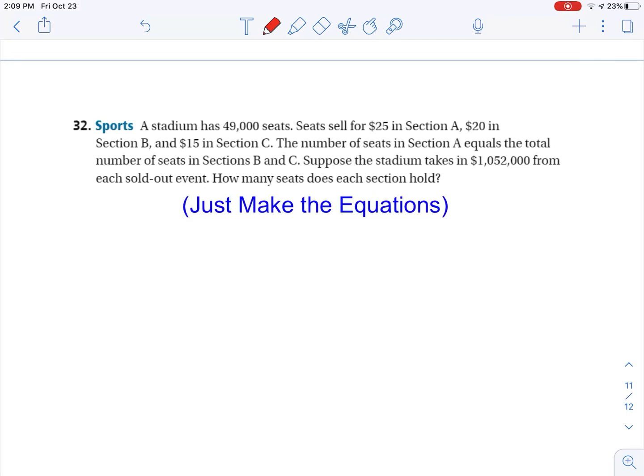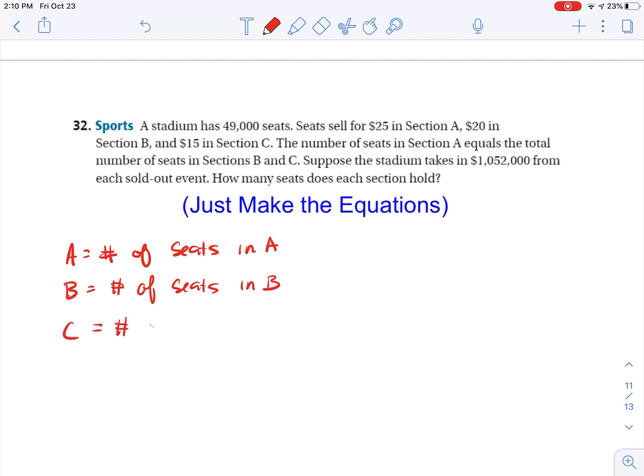Okay, so first we have to define our variables. A is the number of seats in section A. B is the number of seats in section B. And C is the number of seats in section C. All right, so if we again go sentence by sentence, we should be able to write the equations.